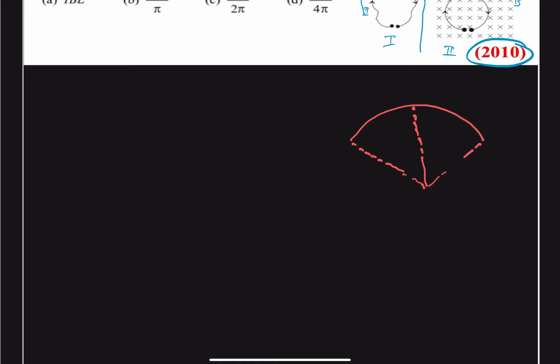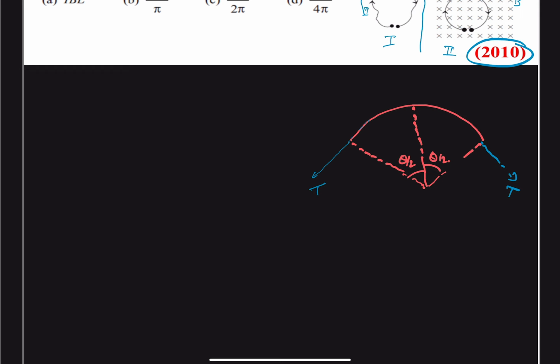Each end of this small section makes an angle of theta by 2 with the vertical, and the tension in the wire will be along the tangent. So if we draw the tangent at this place, we are going to have tension in this direction and another tension at the other end of the wire.